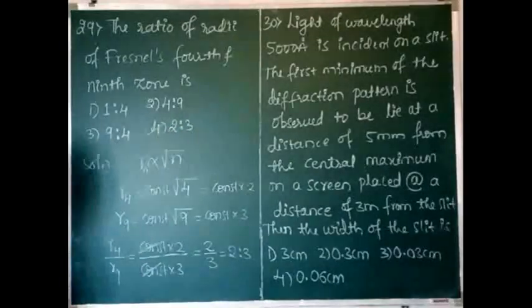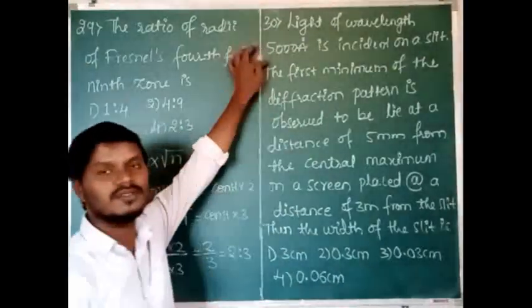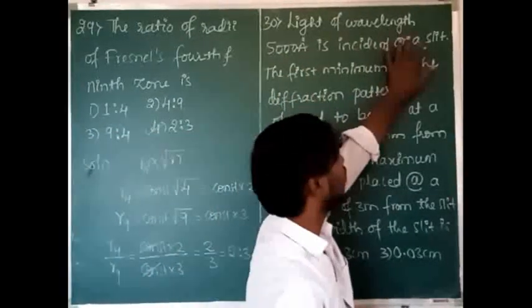Okay. Next, 30. Light of wavelength 5000 angstrom is incident on a slit.